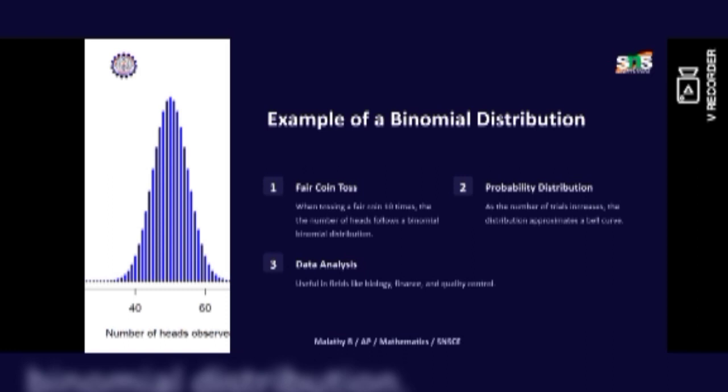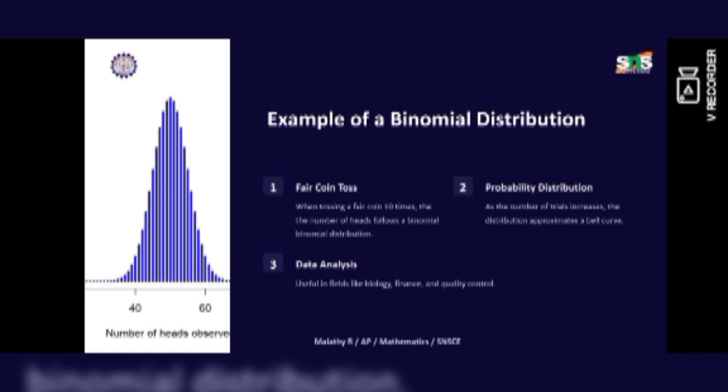As the number of trials increases, the distribution approximates a bell curve. So if you are doing many trials, the distribution shape will become a bell shape. On the left side I have shown the kind of shape we may have as a distribution. If we look at this, it looks like kurtosis because it doesn't have any left tail and it doesn't have any right tail.